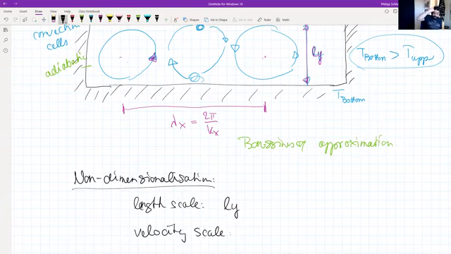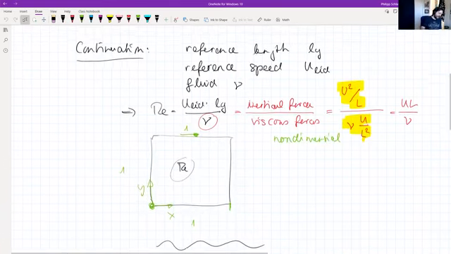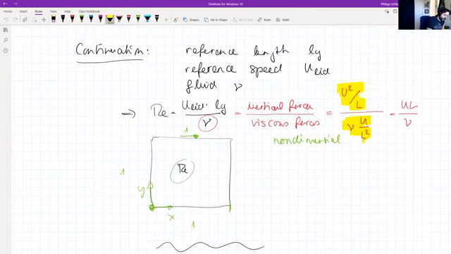Now, the next question is, okay, what is a good velocity scale? How can we define a velocity scale for this case? And now this is not as simple anymore, because for the lid-driven cavity case, it was straightforward. We had a lid velocity, and obviously this is our reference velocity.